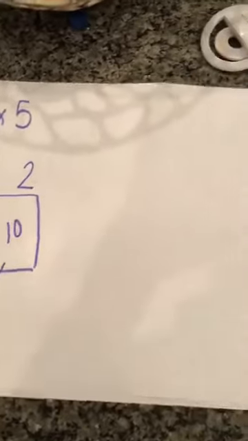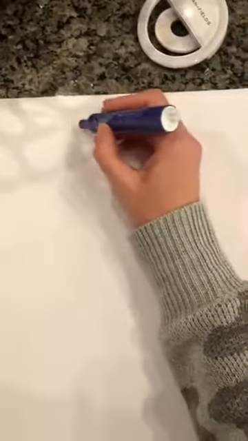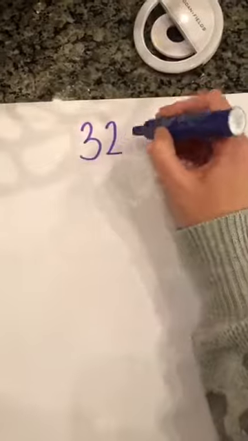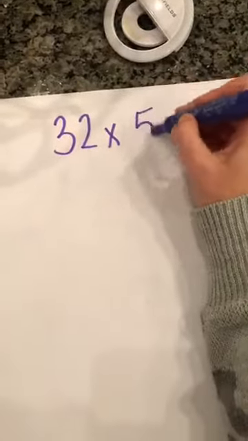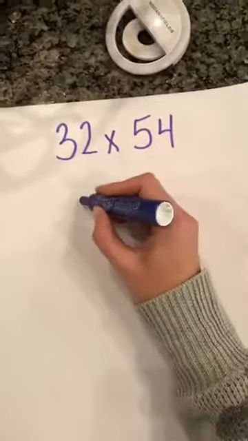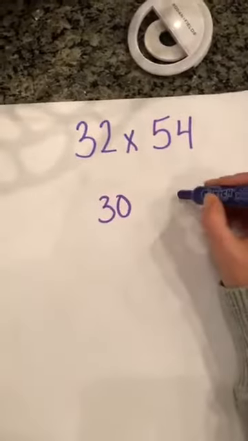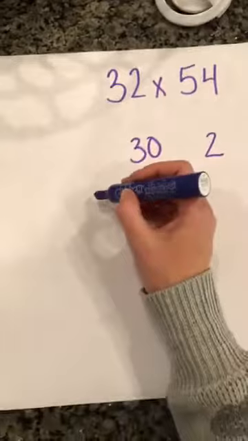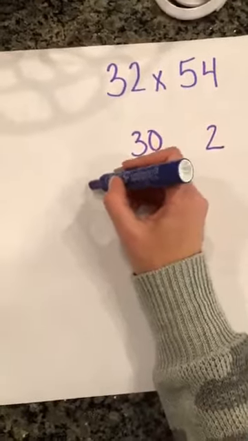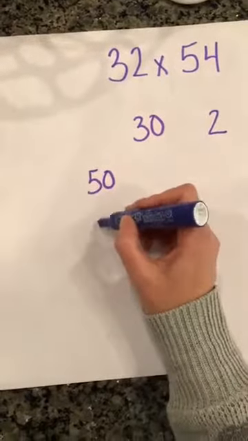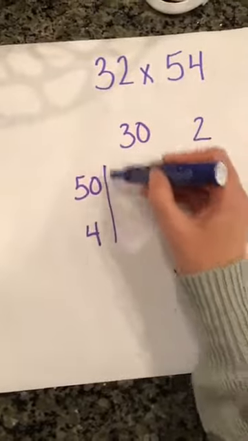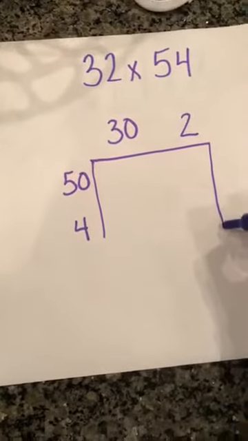To then eventually go into 32 times 54. Once again, we have 3 tens, which is 30. We have 2 ones. And then our other number is 50 and 4. The students can then fill in that area.